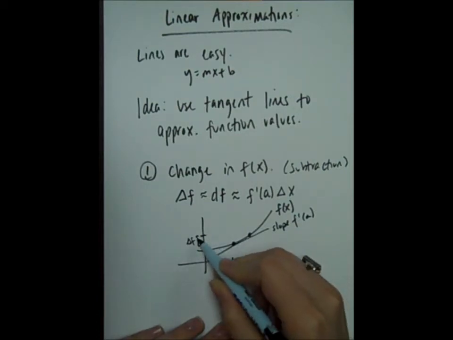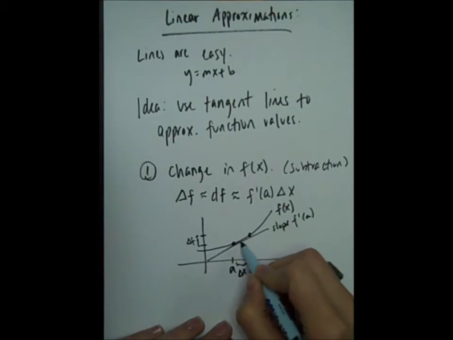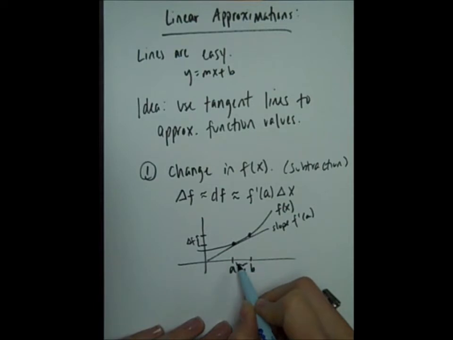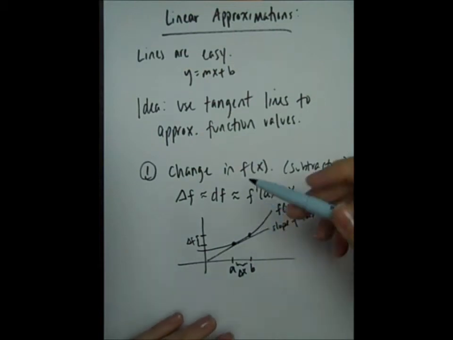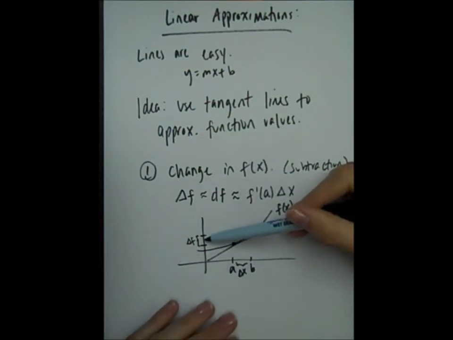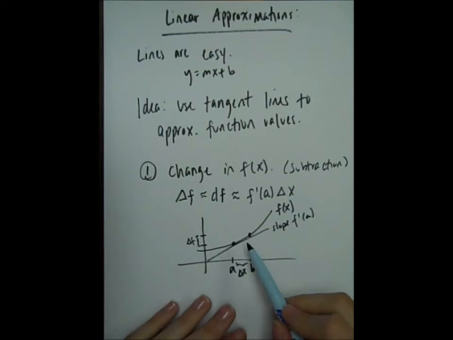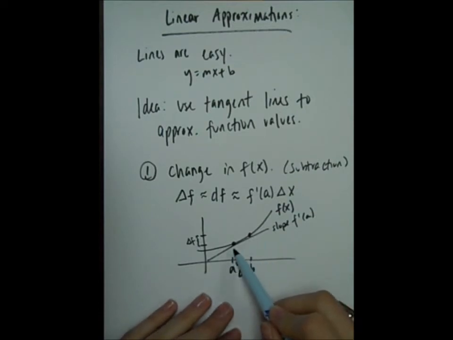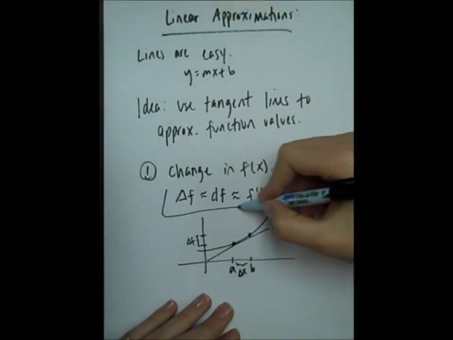We can say that this change is approximately the change in the tangent line. Well, the change in the tangent line is just the slope times how far I moved on the x-axis. So we're saying the change in the real function is approximately the same as the change in the tangent line for relatively close values. The change in the tangent line is the slope times the run, which is the change in x. So this is the formula that we're going to use.